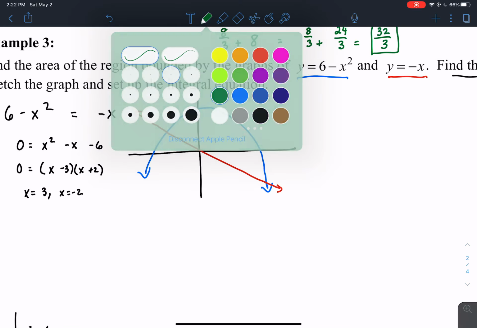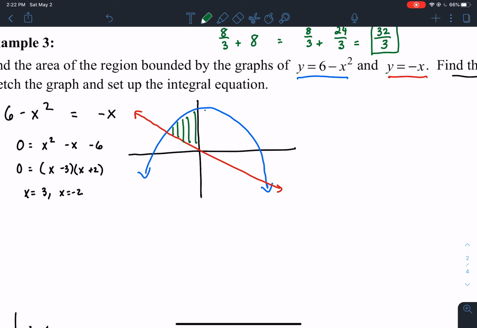So what we're trying to find now is the area between these two. I know that this is negative 2 because that's the algebra that I did to figure that out. So that's this point here. And then this point down here is going to be positive 3.